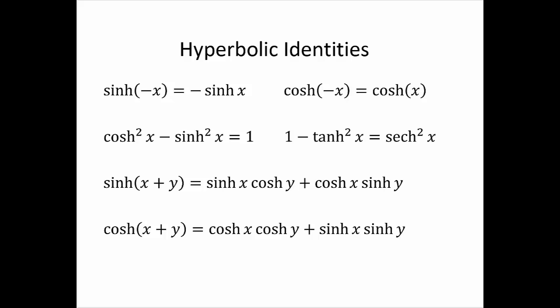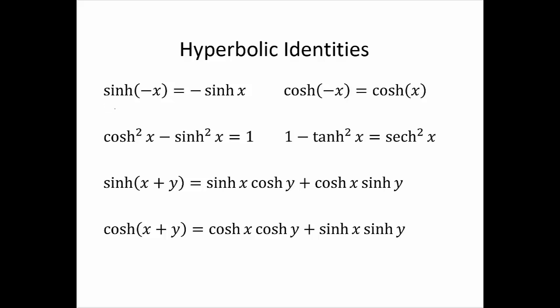As with traditional trigonometric functions, the hyperbolic functions also have various identities, and a lot of them are similar to their counterparts in traditional trigonometry. The hyperbolic sine of negative x is equal to negative hyperbolic sine x.